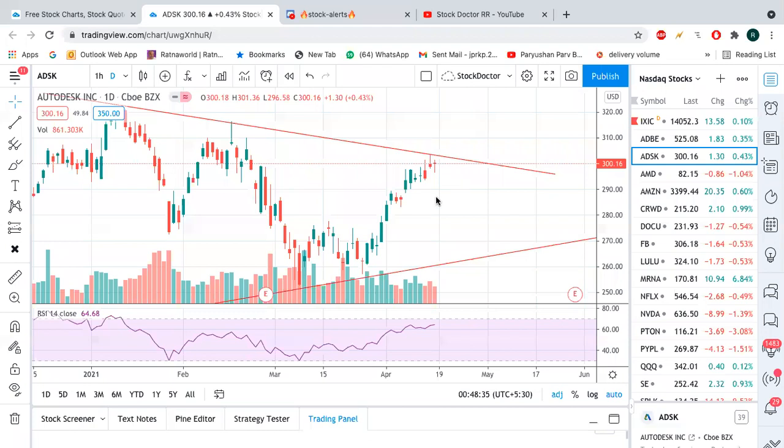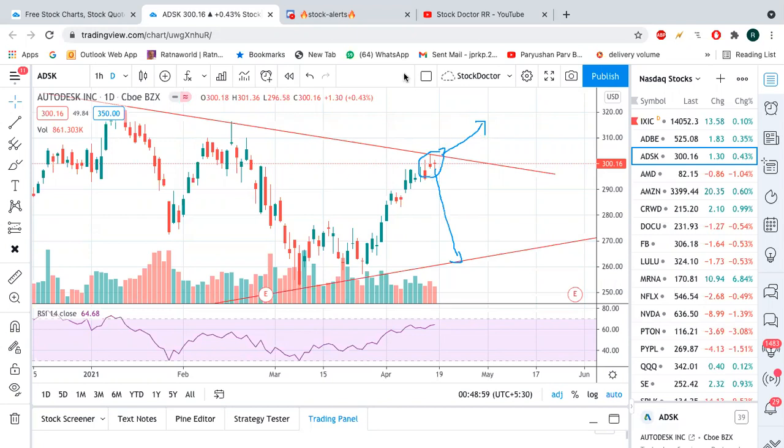So it says that the price is not sustaining at the higher levels. So it might create a red candle and try to come towards channel support. If it has to go up, it needs to break this channel resistance and start going up from here.